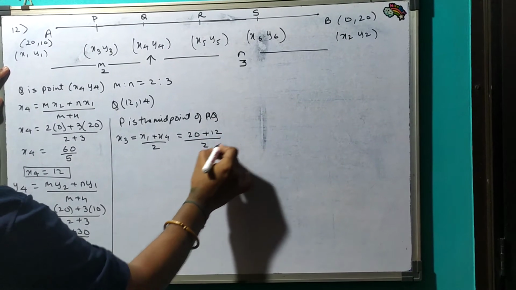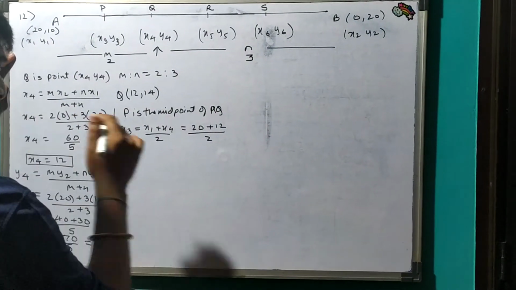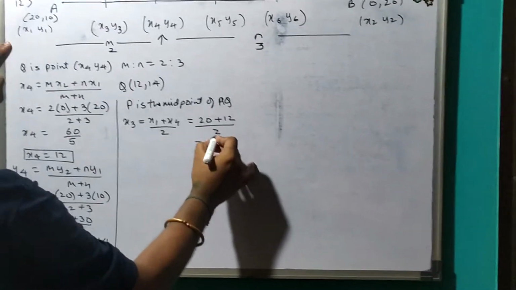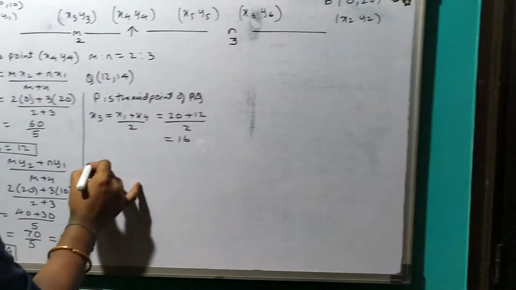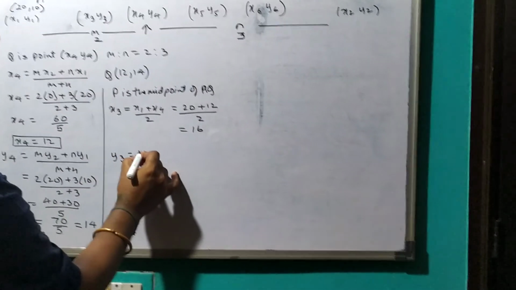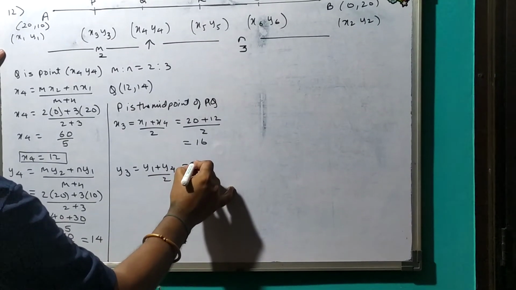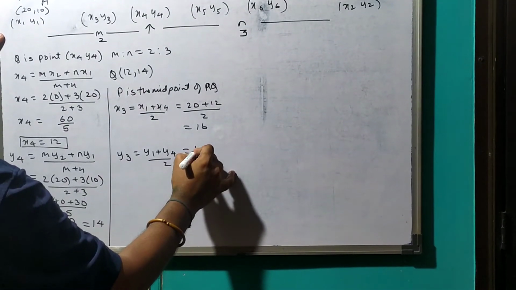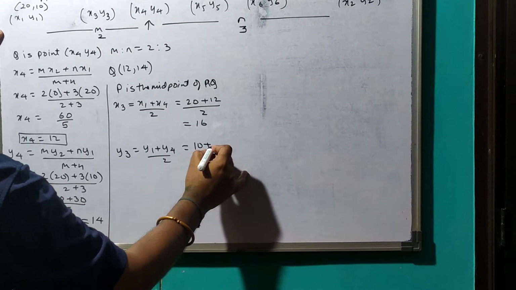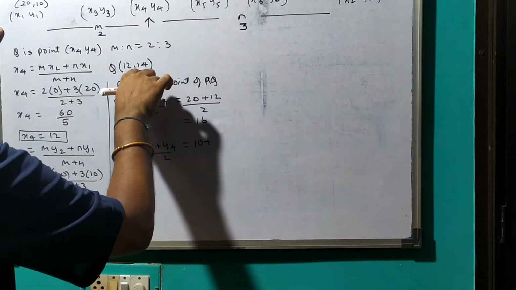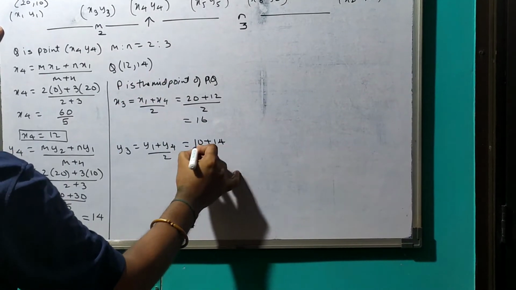How much will we get? 32 upon 2, this will become 16. y3 is equal to y1 plus y4 upon 2. y1 is how much? 10. y4 is 14, upon 2.